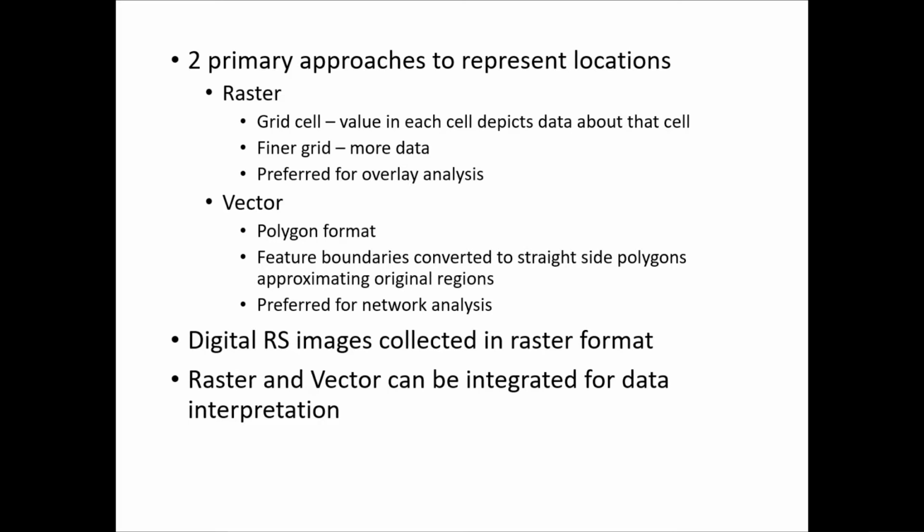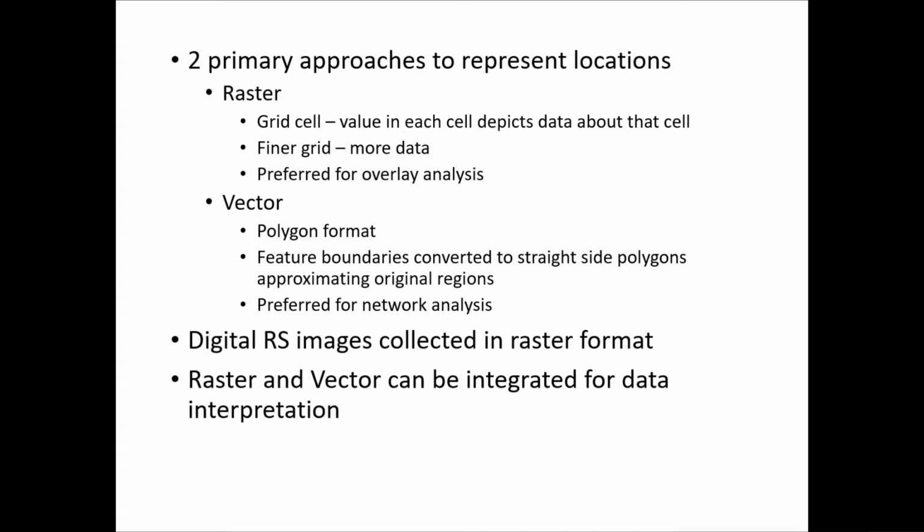It's a combination of a number of straight lines. So vector data represents a polygon format, and it is usually used to represent boundaries. It is also preferred for network analysis because it's a series of lines, and you can draw any shapes in it.